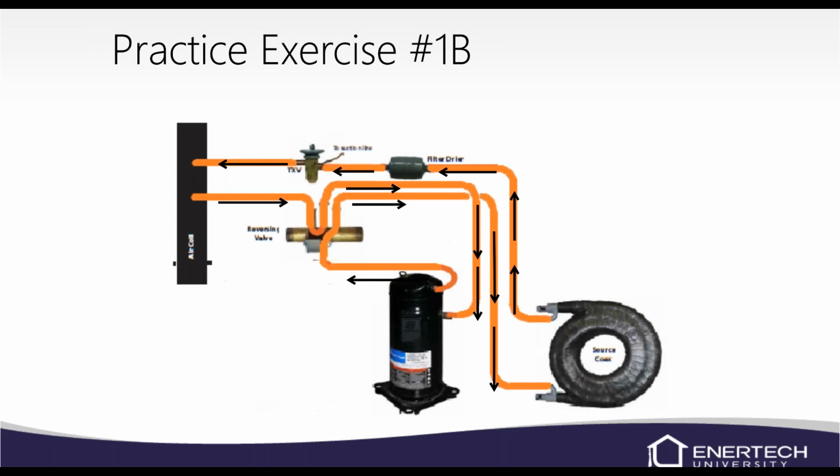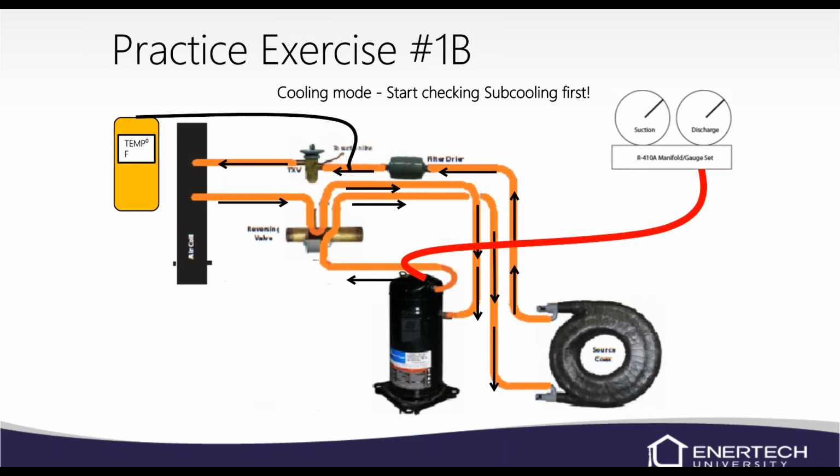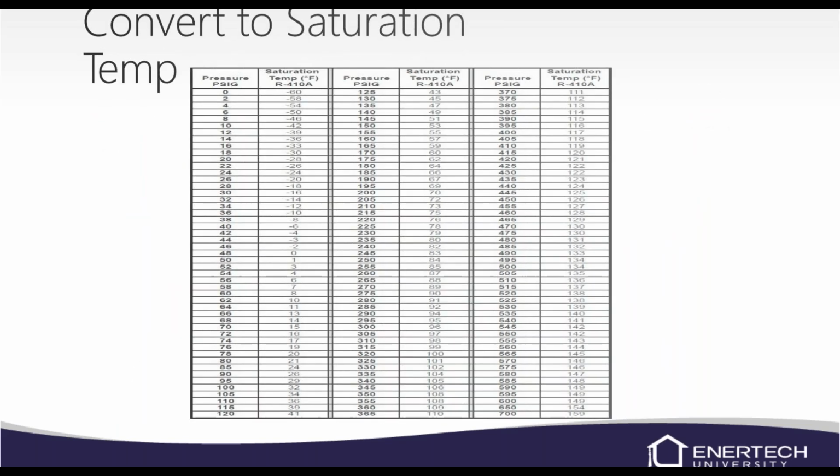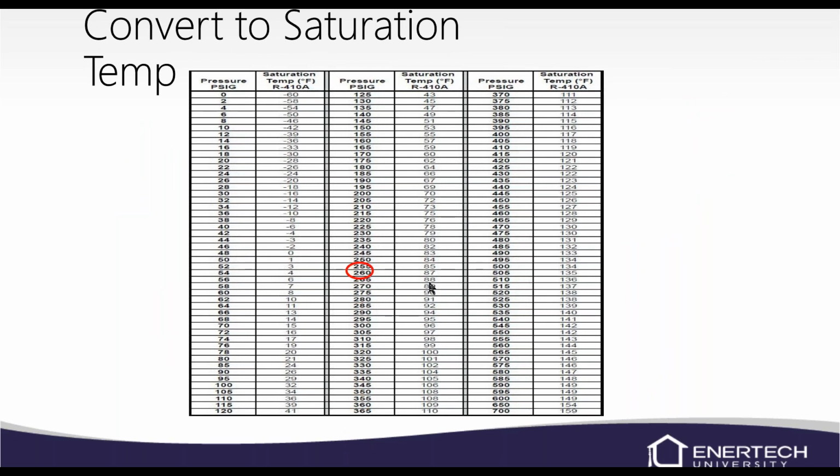We'll look at another one here. We're in cooling. We're going to check our subcooling. So again, warm side of the TXV is going to be between our condenser and our expansion valve. Discharge pressure of 260. If we look at our pressure temperature chart, 260 is equal to 87 degrees.